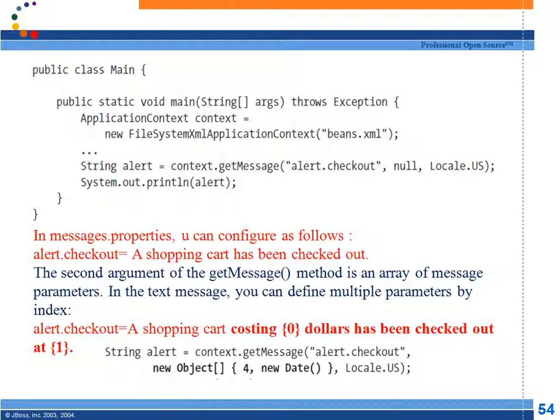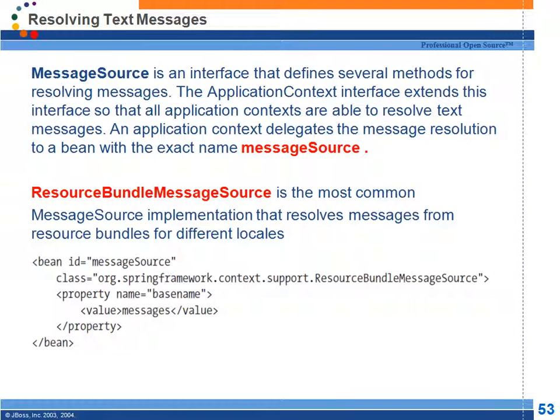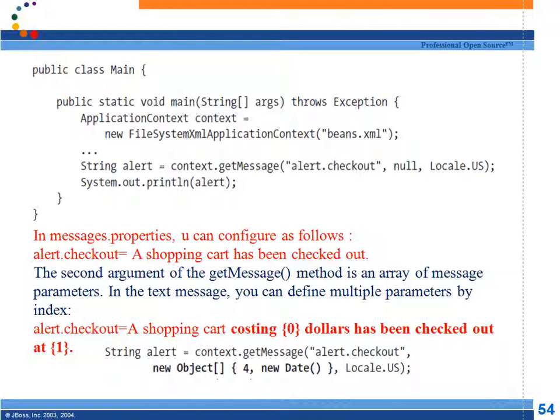The application context is an interface extending MessageSource. That is the reason why you have context.getMessage. If you just give a key, you will get the value, right?